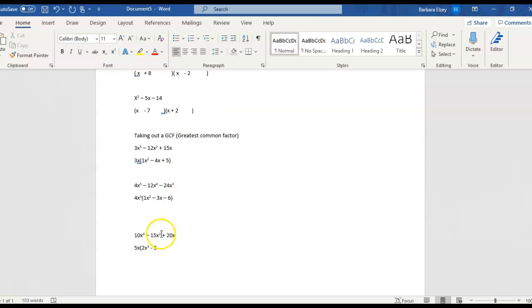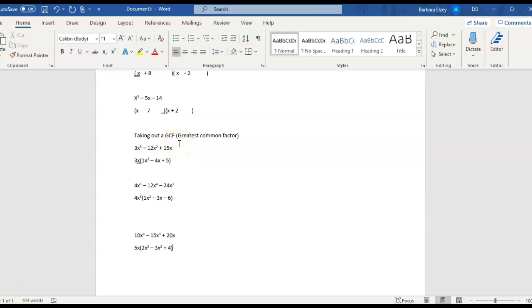And the 3 minus the unwritten 1 gives me x squared left over. And then finally 5 goes into 20 4 times. And then the x's cancel out, so we just have 4.